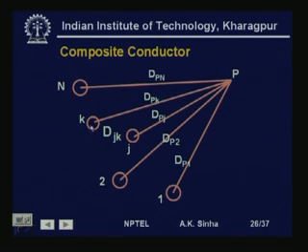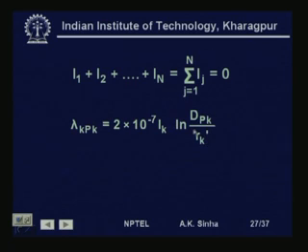Similarly, if we want to find out the flux linkage with this conductor due to current flowing in some other conductor, we can write down the similar relationship, except that instead of this r' we will have to write D_kj.